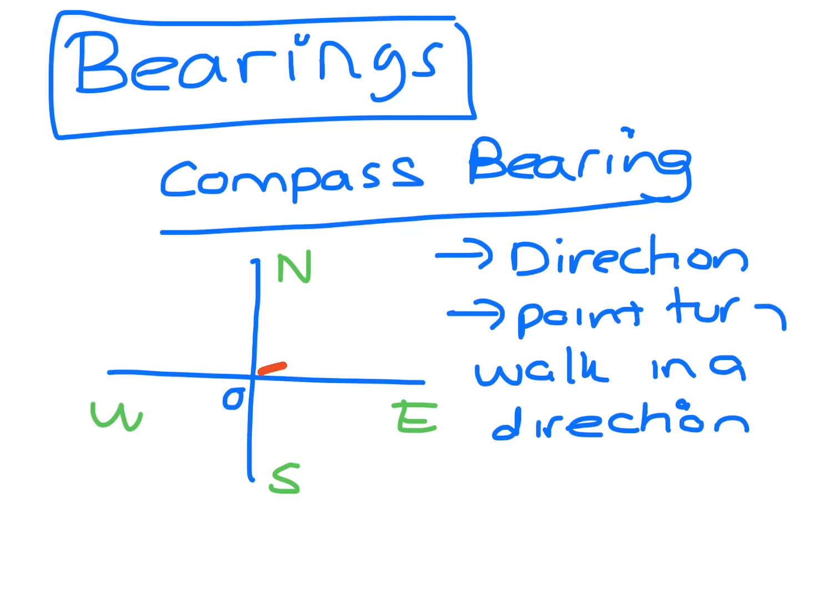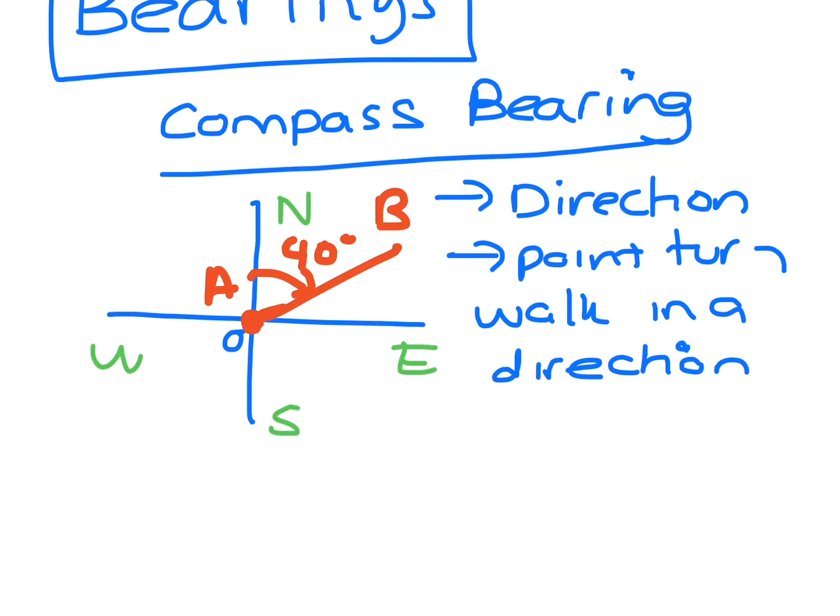Now, if I put a line in that direction, starting from A, and that was B and that was 40, then the compass bearing there would be north 40 degrees east. Because you start at north, you turn and go 40 degrees towards the east and you walk along that line.